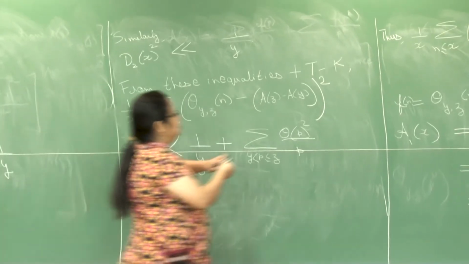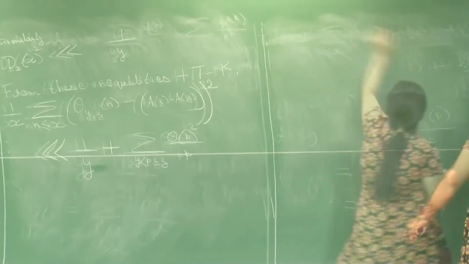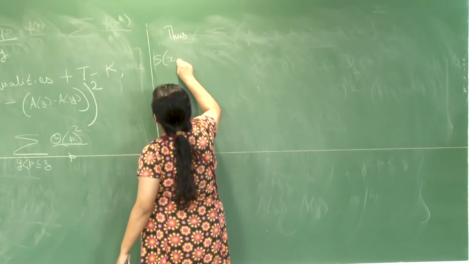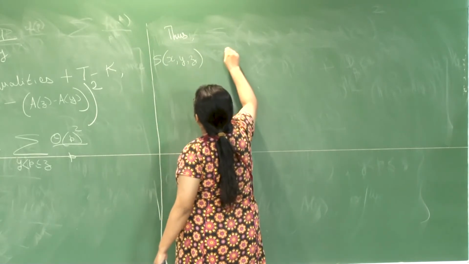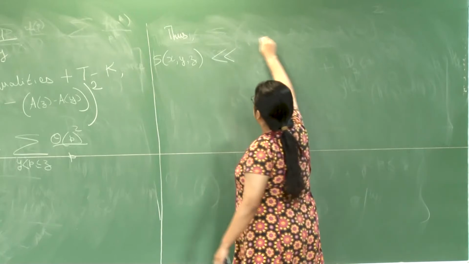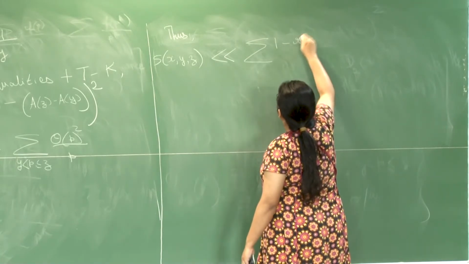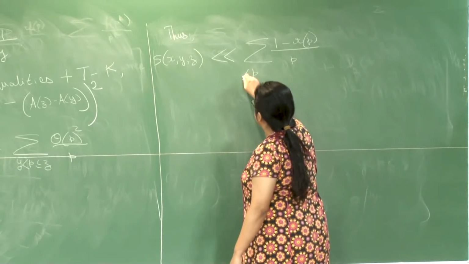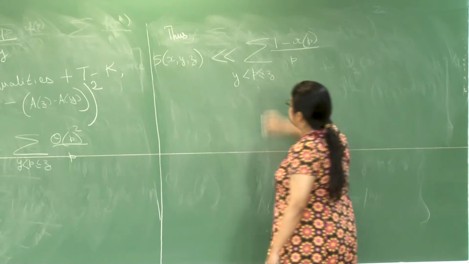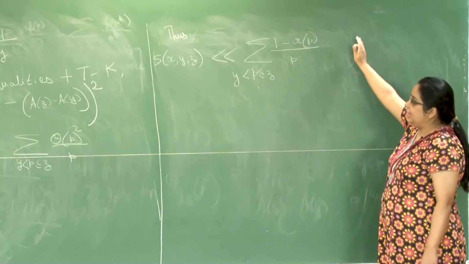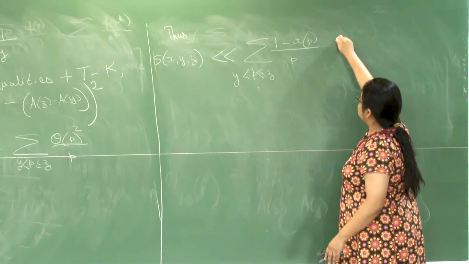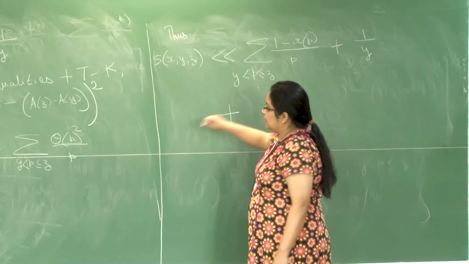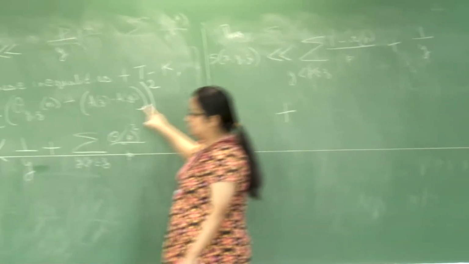So, putting all of this together, what we get is thus S(x,y,z) turns out to be less than, first you have the sum of 1 minus r of p over p, where p is strictly greater than y and less than or equal to z, plus O of 1 over y, this part we had already shown in our previous class, plus this part raised to the half.